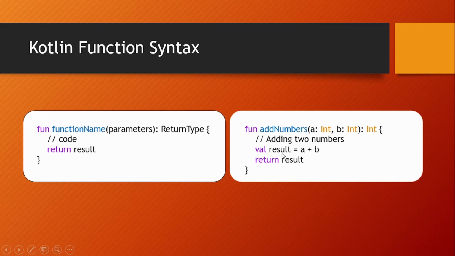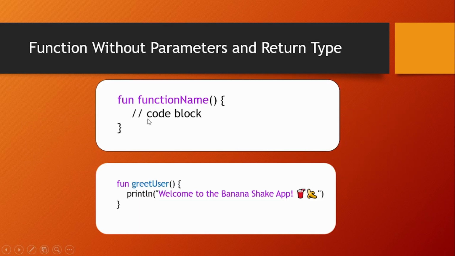It will be assigned to the result variable. Using this return keyword, I am going to return the value which this result variable holds. It will be 5. The 5 will be returned, and later on you can assign it to a variable, or you can print it out.